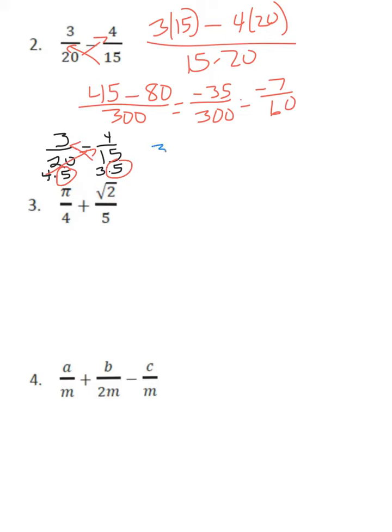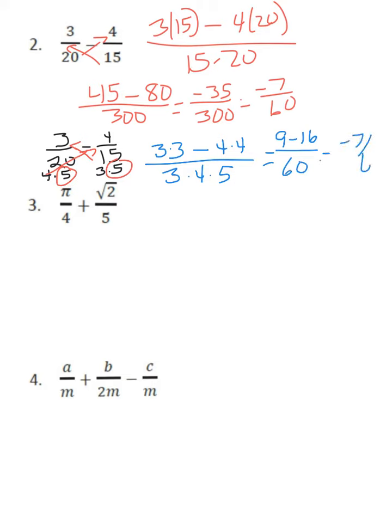I actually get 3 times 3 minus 4 times 4. And that's all over the common denominator of, we need the 3, we need the 4, and we already had the 5. Okay, I don't count the 5 twice because they shared it. So if I do the stuff here, you now get 9 minus 16 over 3 times 4 times 5, which is 60. And when you're done, negative 7/60ths.